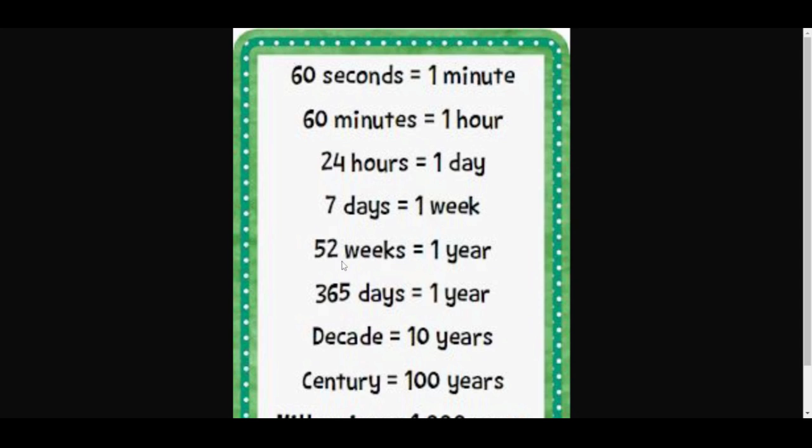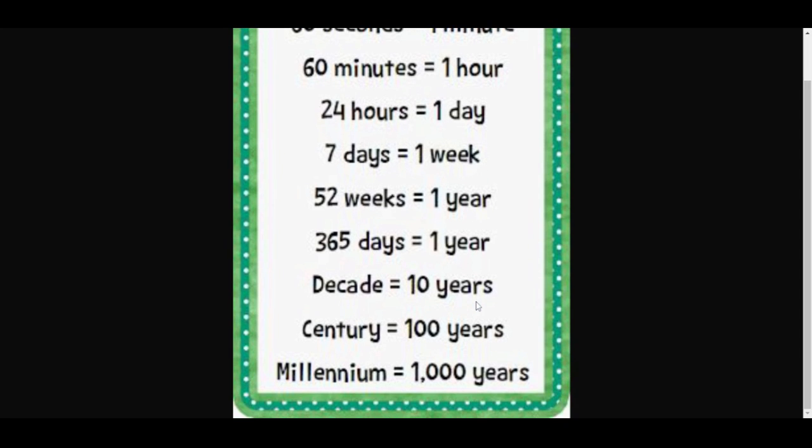If anyone asks how many weeks are there in a year, that means 52 weeks. How many days are there in a year? 365 days. So in a year we have 365 days. Hope you are understanding the concept.